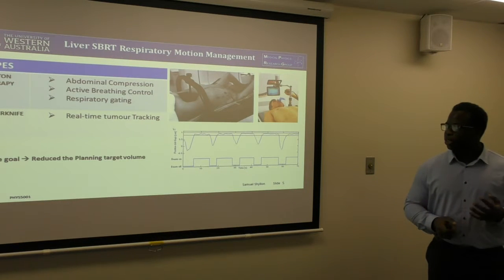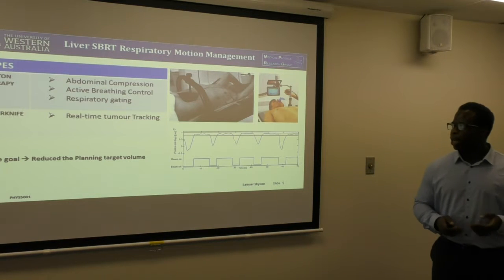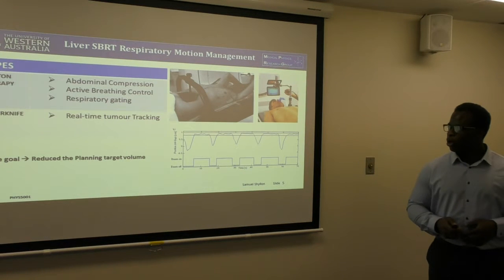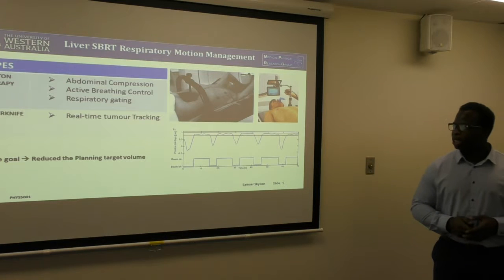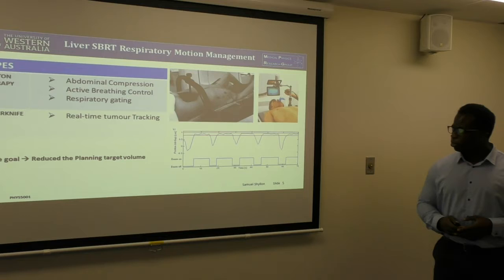The first 3 represent techniques that can be used by proton therapy, while CyberKnife uses real-time tumor tracking. Ultimately, the goal is to reduce the planning target volume as much as possible to spare normal tissues.